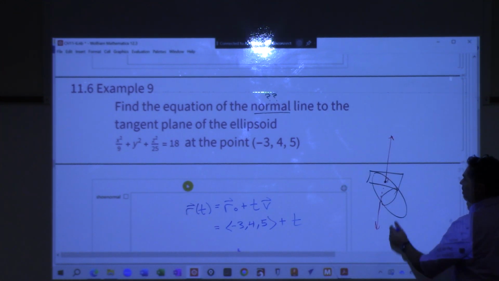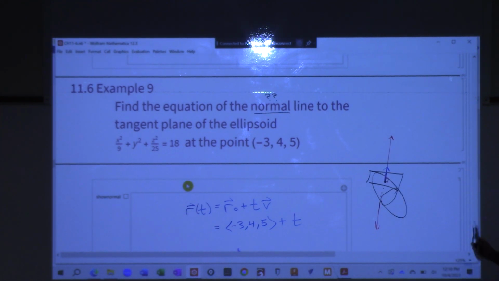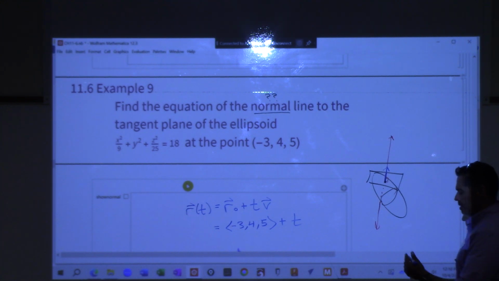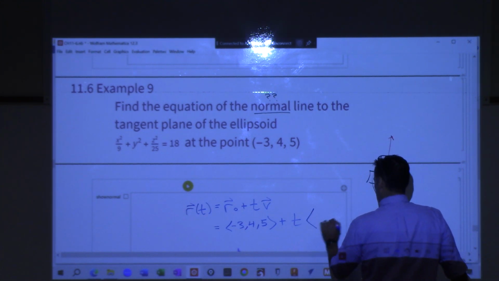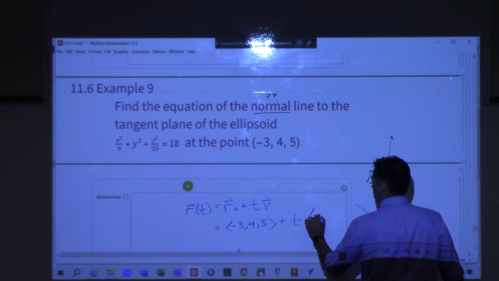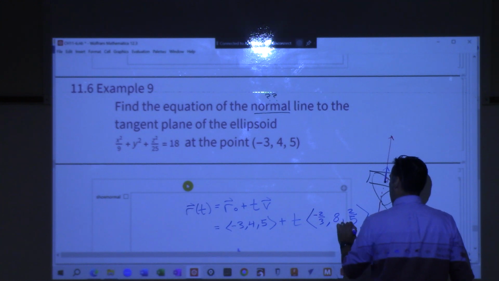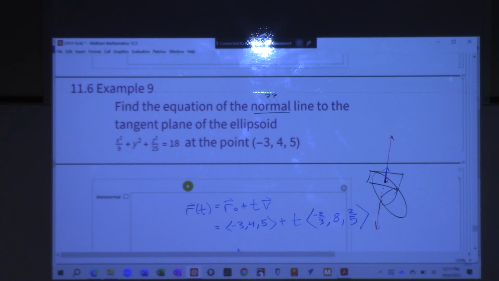Do we have a vector that lives on this line and points in the direction of that? The normal vector of the plane would work. And we already calculated that, didn't we? I erased it. 8, 2/5, yeah, that's right. There we go. That is the vector equation of the line that is normal to that plane.